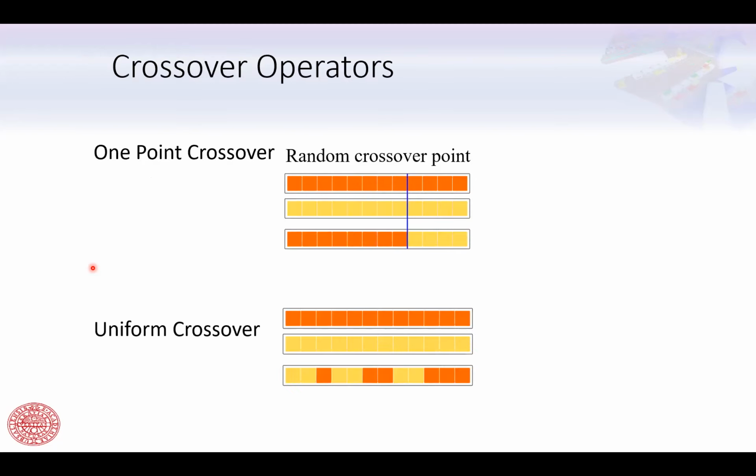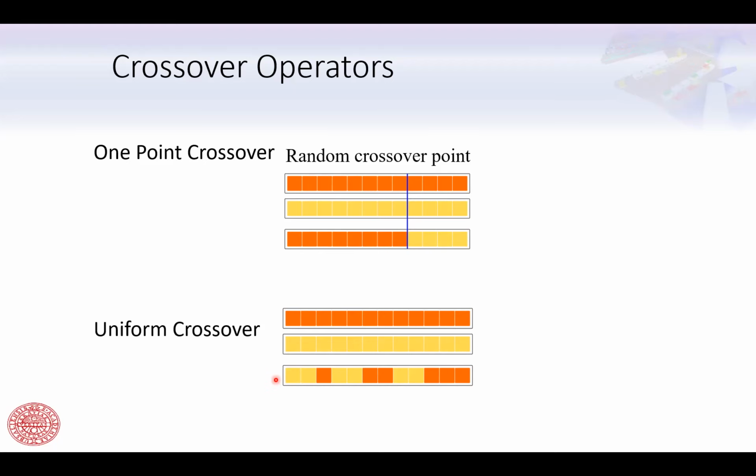But when we look at the operators, we already talked about the 1-point random crossover point. For uniform crossover, you could see that you take features from both parents bit by bit, using a uniform probability. You could see that the variety of the solutions is much higher than with 1-point crossover.